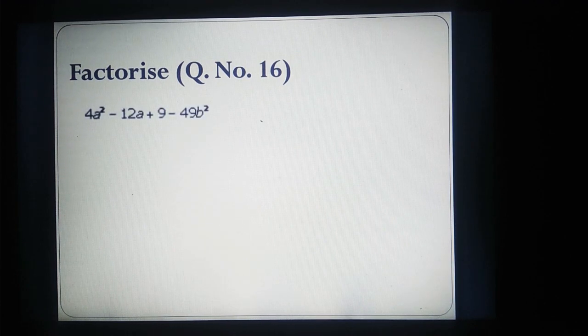Here we want to factorize this thing. Now you might be wondering that let us keep these two things together. If I do that, again I'll get a square minus b square format.